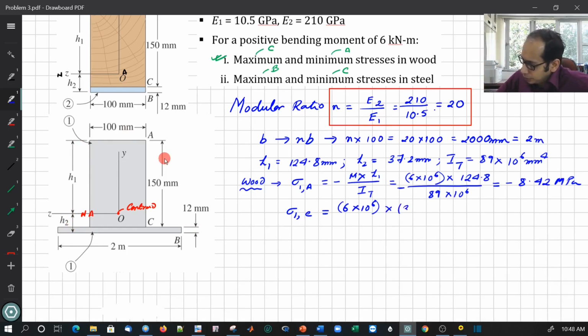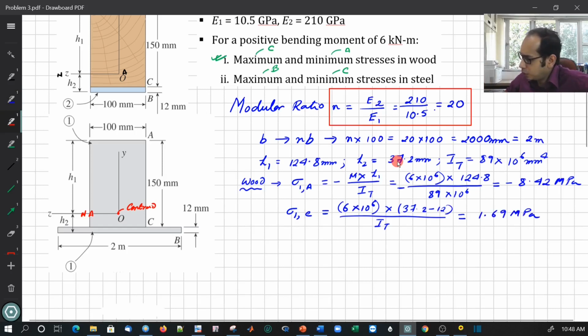So it is going to be 37.2 minus 12, because we calculated h2 as 37.2, divided by the I of the transformed section, which is 89 into 10 raised to 6, and this one you get as 1.69 MPa. So this is for the wood, right? So for the wood, now we have computed this is the minimum and this is the maximum.